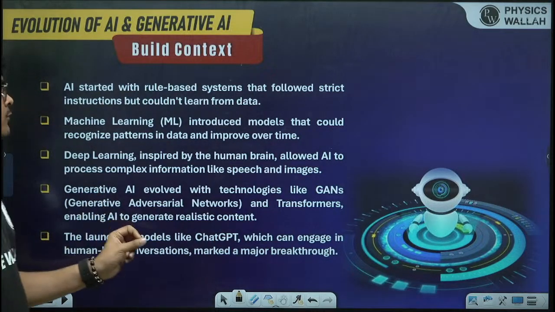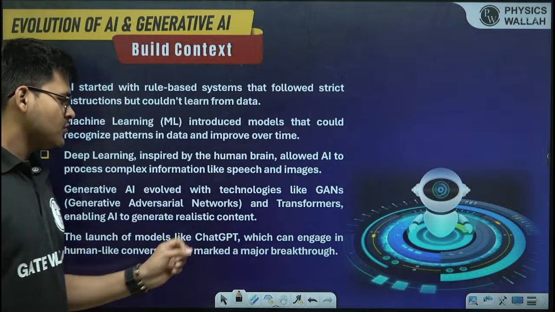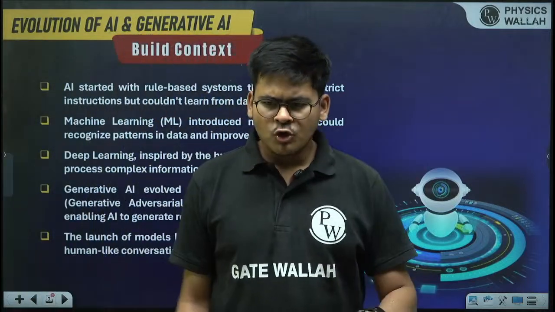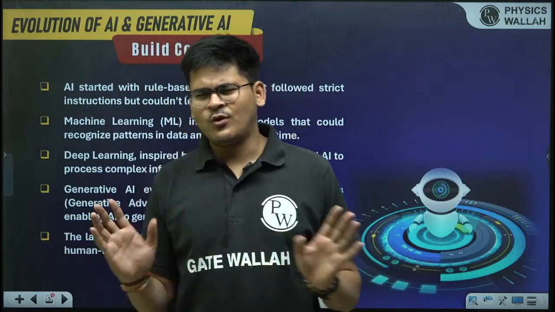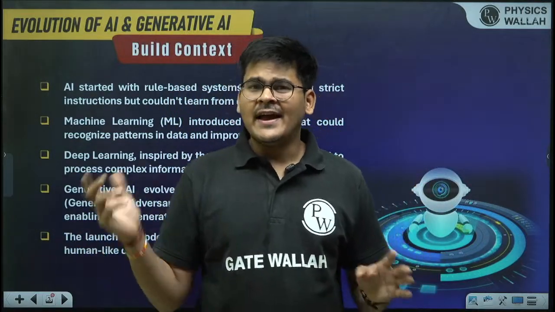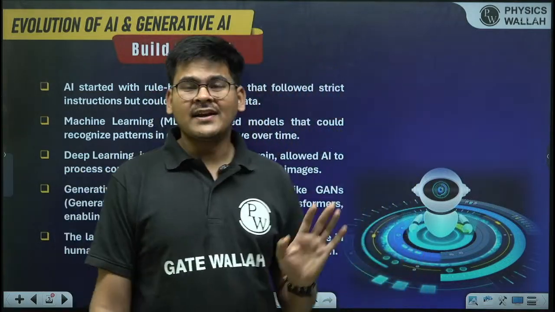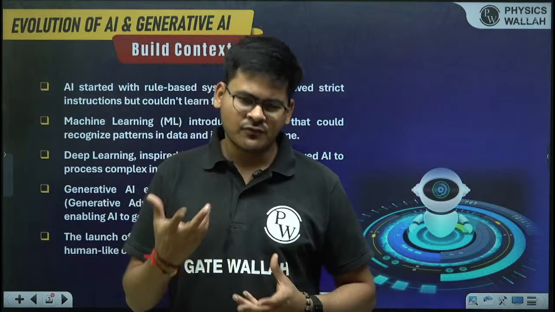The launch of models like ChatGPT, which can engage in human-like conversations, marked a major breakthrough. So my dear friends, many of us think that ChatGPT is something new. No, ChatGPT, or for that matter GPT, has existed for a long time. Since this transformer architecture was introduced, all this AI related work was very active.